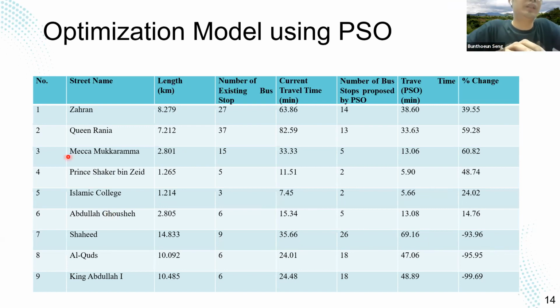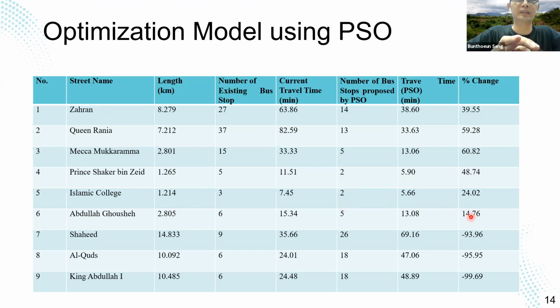We can observe here that the 9 roads are grouped into 3 categories. The first category is roads 1 to 4. It is noted that it has a significant reduction in travel time, as we can see from the percentage here. The second group is roads 4, 5, and 6.